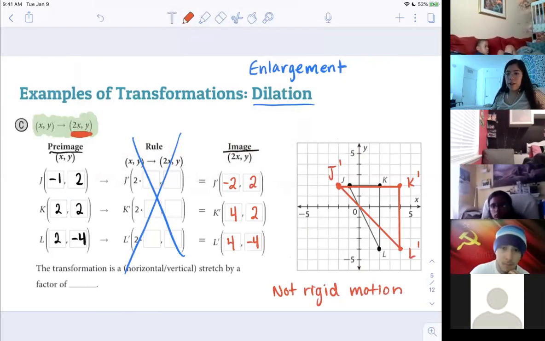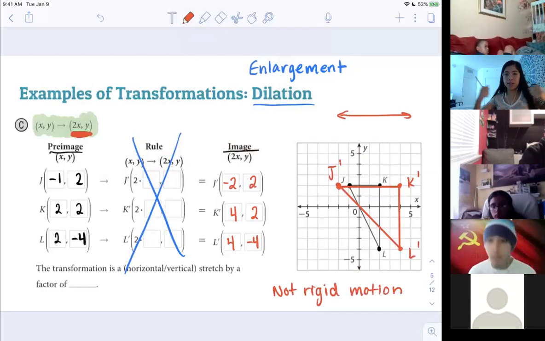But what's actually going on? How did it change in size? Did it get taller, shorter, wider, or skinnier? Wider. Good job. And when you get wider, that means that you're increasing the length to the left and to the right. That's what becoming wide means.